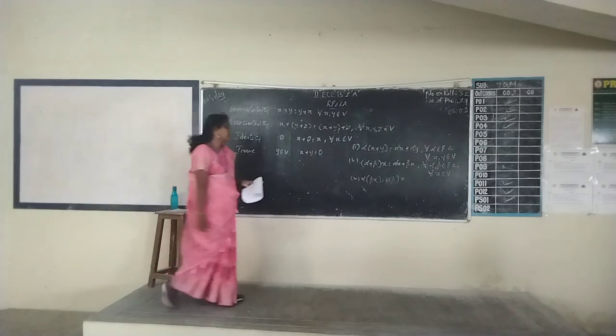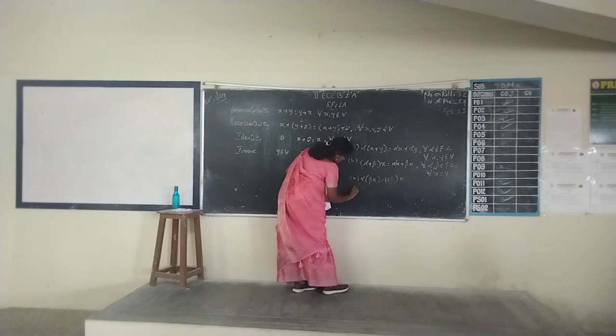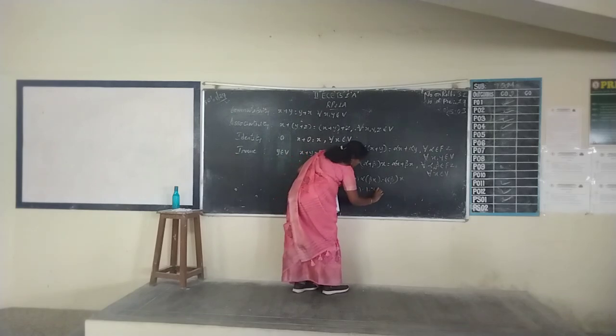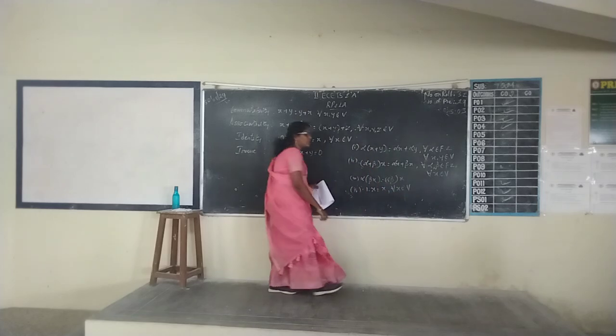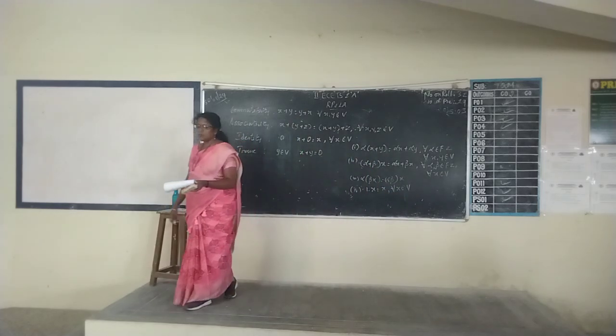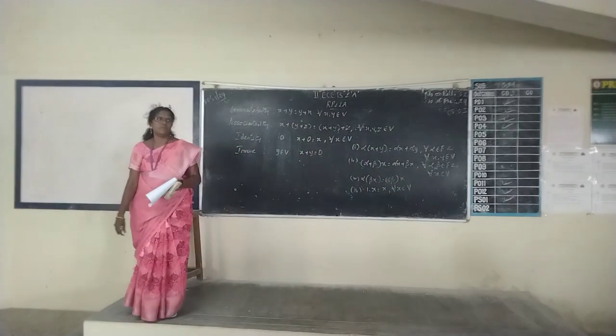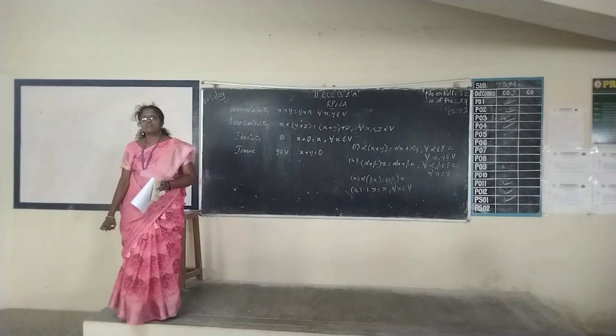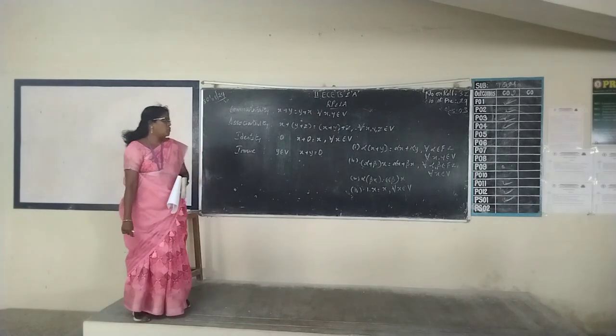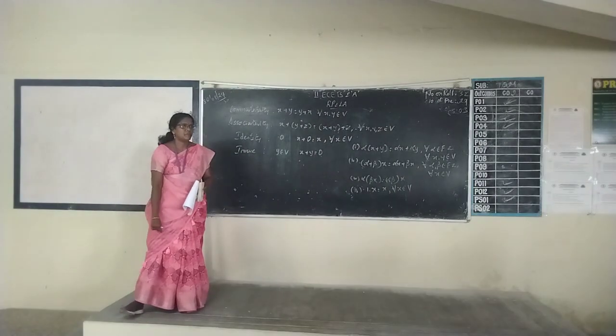Last one: 1 into x should be equal to x for all x belongs to B, and 1 belongs to F, the field.